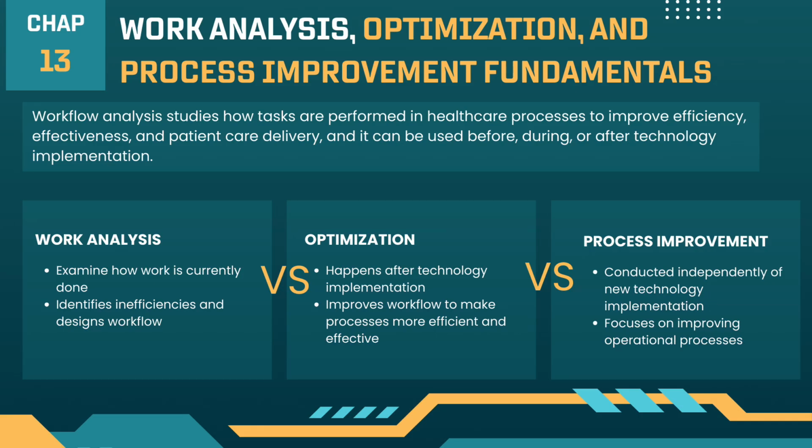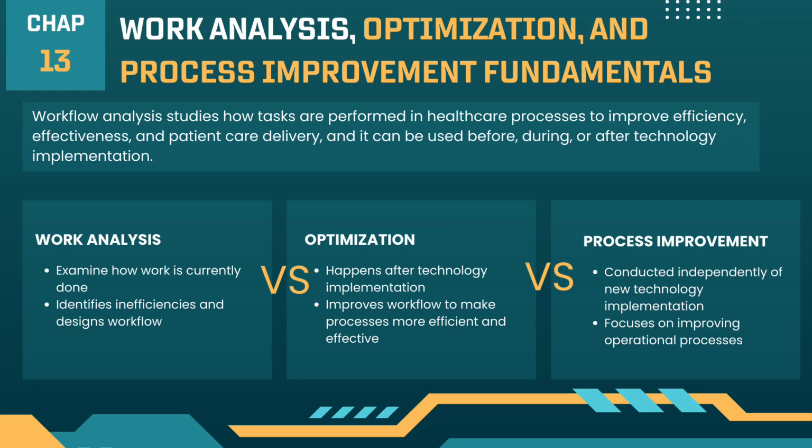So next is process improvement. Process improvement is conducted independently of new technology implementations, focusing on improving operational processes. So unlike sa optimization, process improvement does not necessarily require new technology.